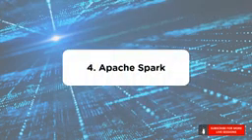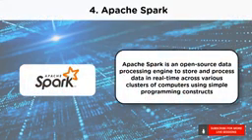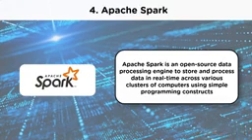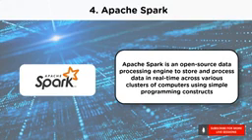At number 4, we have Apache Spark. Apache Spark is an open source engine developed specifically for handling large-scale data processing and analytics. Spark offers the ability to access data in a variety of sources including Hadoop Distributed File System (HDFS), OpenStack Swift, Amazon S3 and Cassandra.